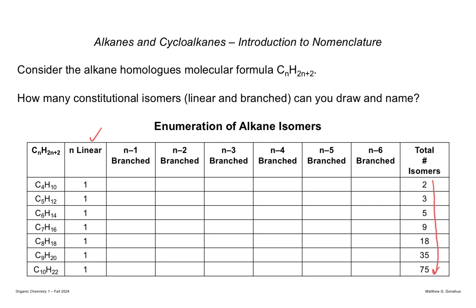So for C10H22, you can draw 75 different constitutional isomers. So one of them is linear, and then 74 of them are spread amongst the different branched ones. And I promise you, I've gone through 4 through 9, and I've drawn those out.